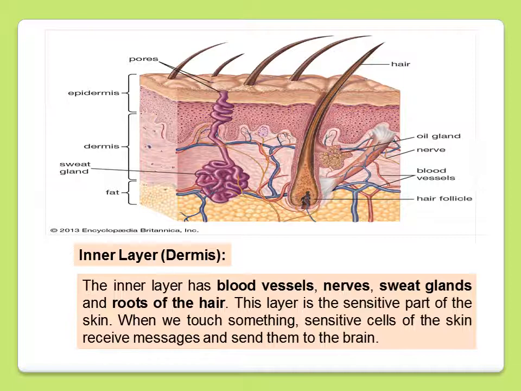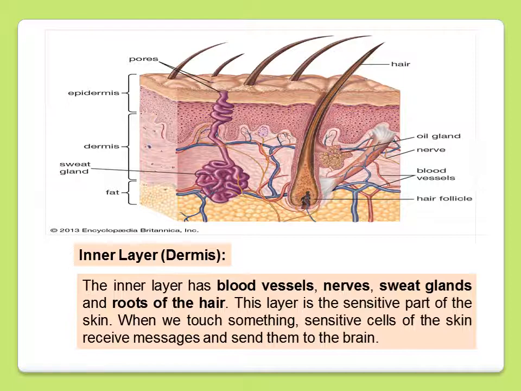What happens when we touch something? The sensitive cells of the skin receive messages obviously through the sense organ skin. They receive messages from the skin, and the sensitive cells send the messages to the brain through special nerves.